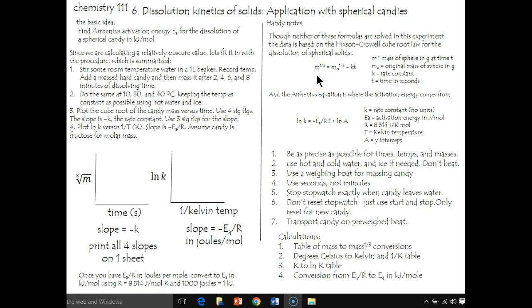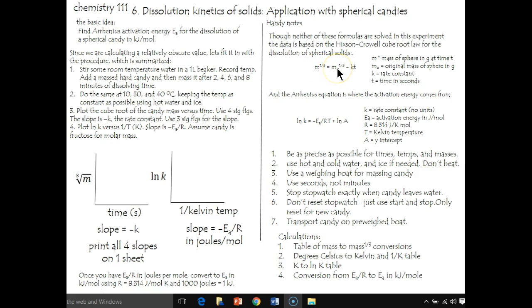But here it is, and I'll go ahead and quote it briefly. That's why we need to use the cube root of the mass. The cube root of the mass is equal to the original cube root of the mass minus the rate constant times the time in seconds. So this would be the mass that's left after a certain time of dissolving.